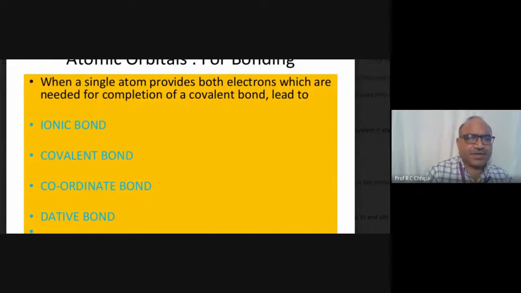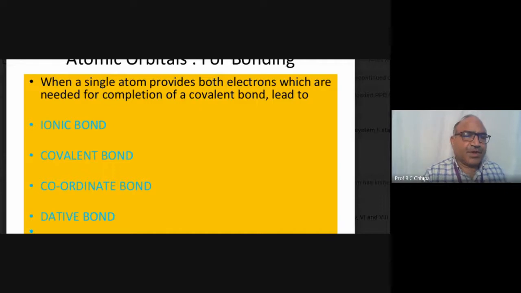This is also responsible for the formation of bonds. Ionic bonds are because of electron transfer, from one metal to another.